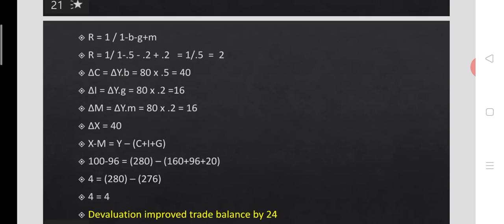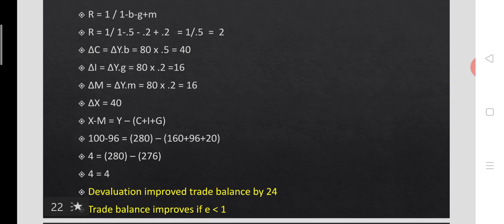Let's look at the example of this case, and first we have to know the foreign trade multiplier, how it has to be calculated, for understanding the change in income.